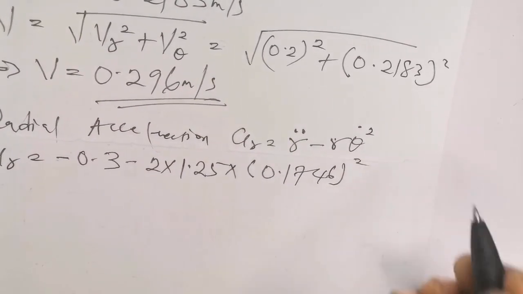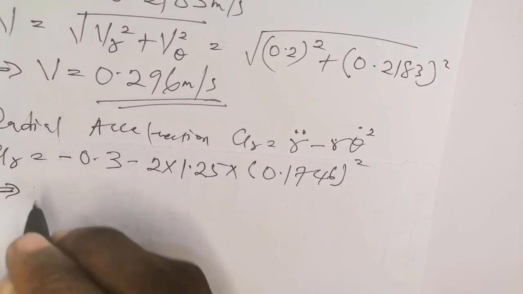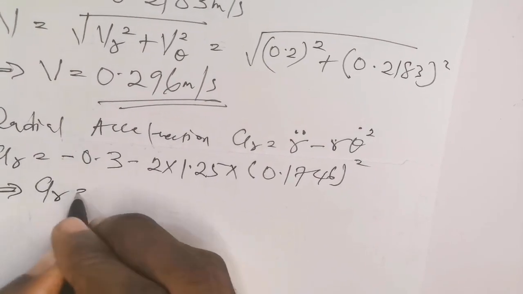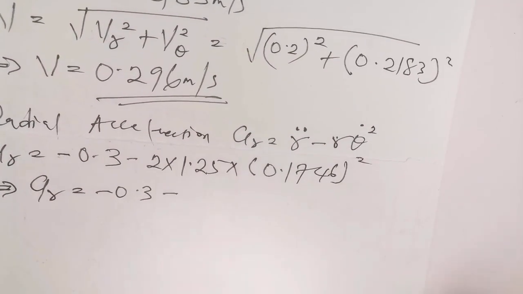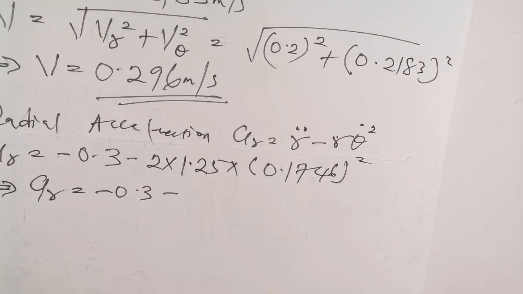0.1746 all squared. So this implies a_r is equal to minus 0.3 minus, let's obtain this multiple and see, 2 times 1.25 times 0.1746 all squared.